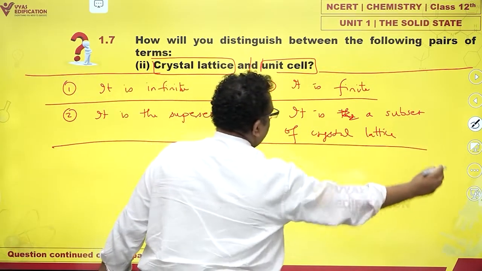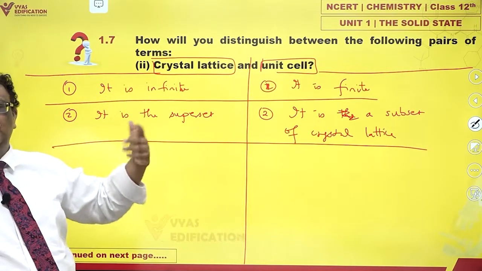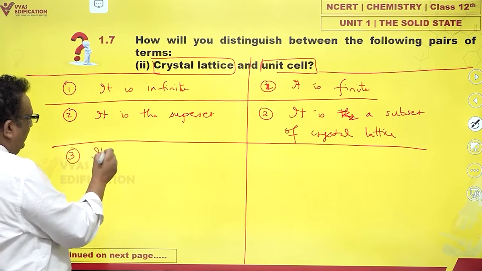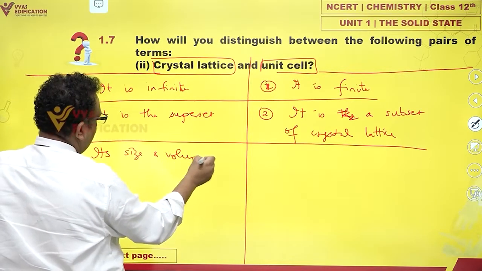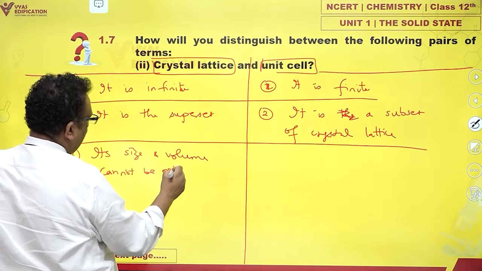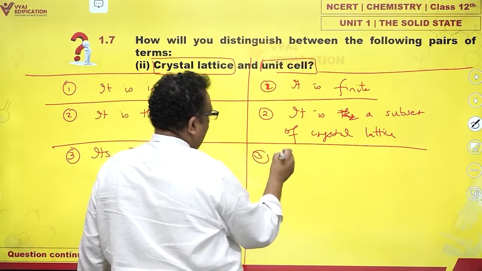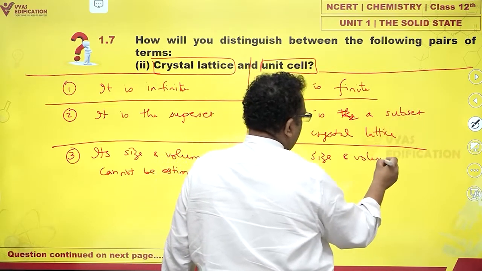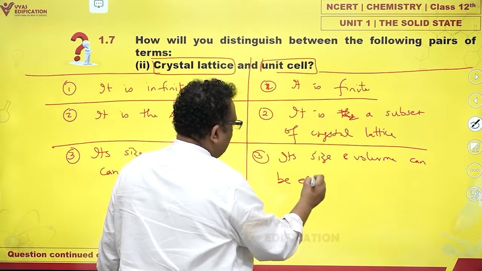Anything else? If it is infinite, obviously you can't measure its volume. So you can say its size and volume cannot be estimated, and for the unit cell, its size and volume can be estimated.